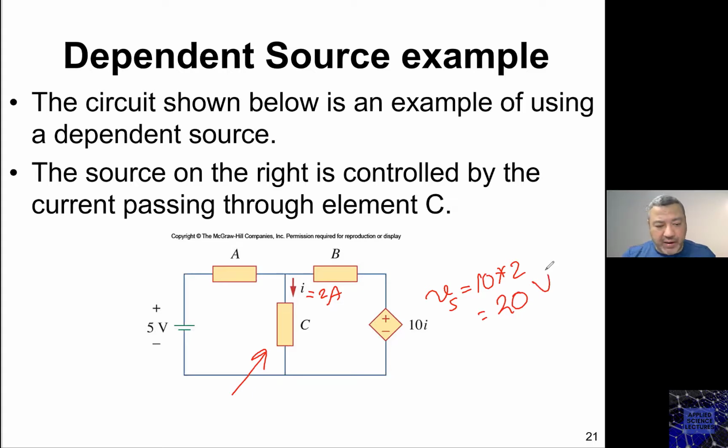Here we have no idea what those A, B, C are, just to show you where and how this controlling variable would be in our circuit.